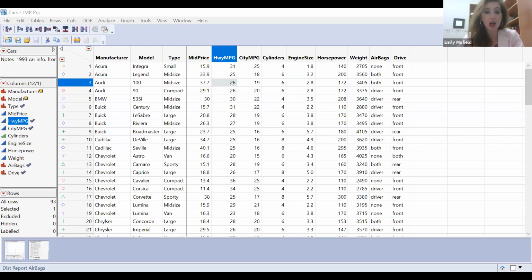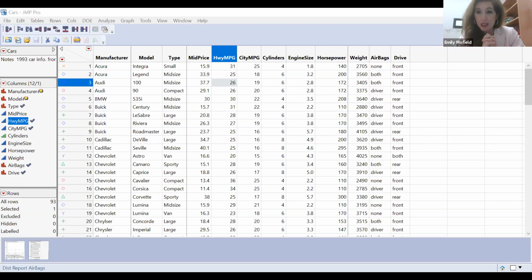So let's just talk about what is a chi-square goodness of fit test. Well, this is when you want to see if proportions you have are what you would expect to see. So you might want to see disproportionality.